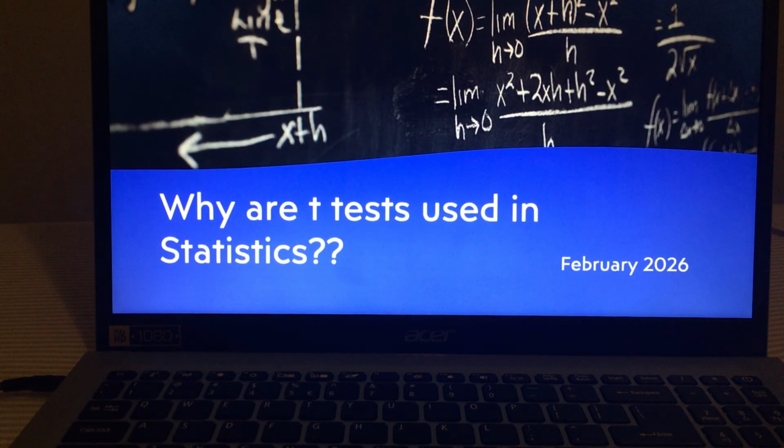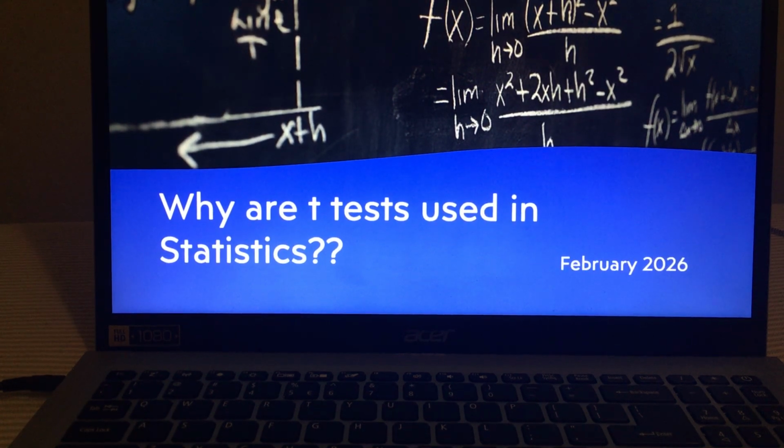Our sampling distribution is going to be constructed based on the known population parameters. When we first learned about sampling distributions, we learned that the sampling distribution for a mean will have a mean equal to the population mean and a standard deviation equal to sigma divided by the square root of big N. So in this case, the SEM equals 100 divided by the square root of 50, which equals 14.142.